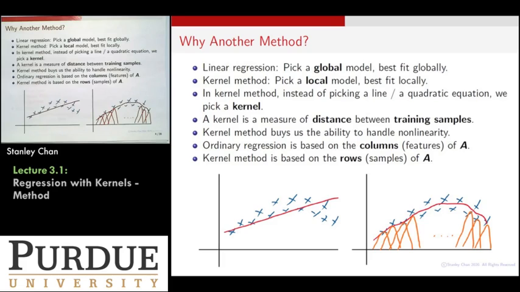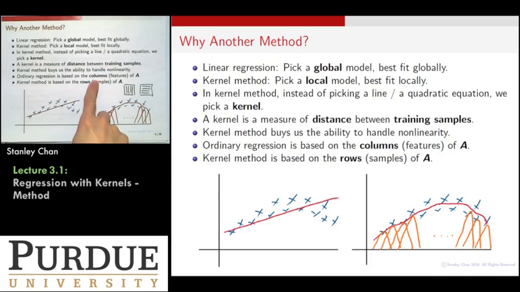So if you want to draw a diagram to visualize that, this is the ordinary linear regression, column space perspective. And then what we are going to do is the row space perspective, which is trying to look into each individual feature data vector, each data point, and then make the prediction.